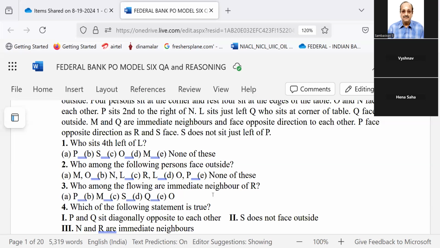Is it S? Number one, S. Option B. Number one is correct. Option B. Number two is outside. Option is none of these.